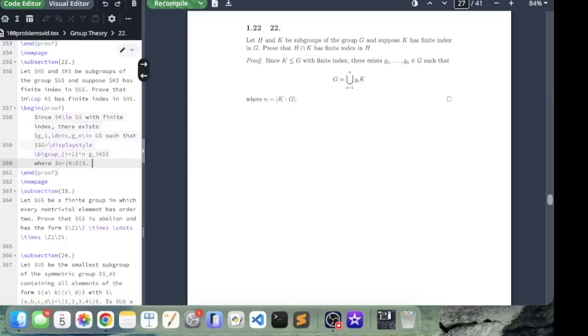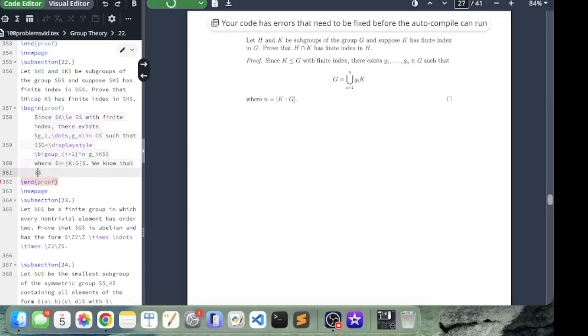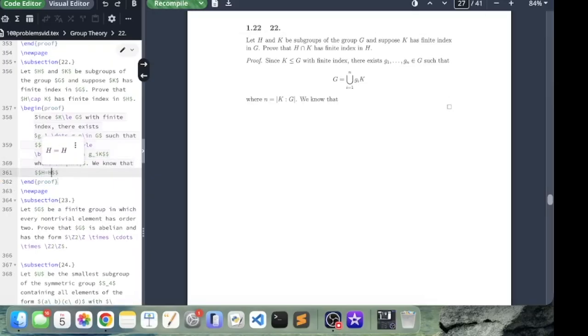Okay. We know that H is equal to H intersect G, because H is a subgroup of G, so it's a subset of G. Okay, and above we defined what G to be, so we'll grab that definition.